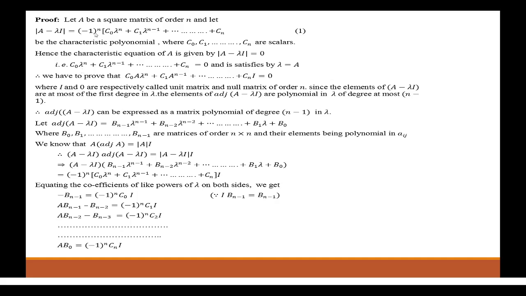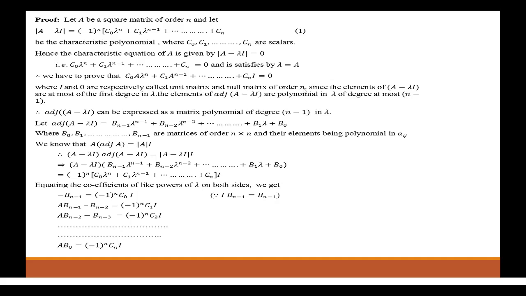For that, the above equation 1 becomes c0 λ^n + c1 λ^(n-1) + ... + cn = 0, and it is satisfied by λ = A. Therefore, we have to prove that c0 A^n + c1 A^(n-1) + ... + cn I = 0, where I and 0 are respectively the unit matrix and null matrix of order n.